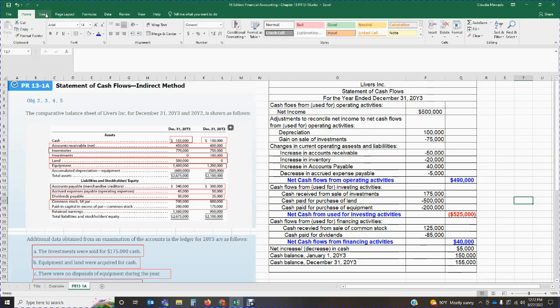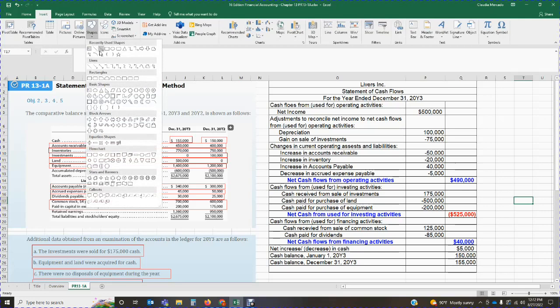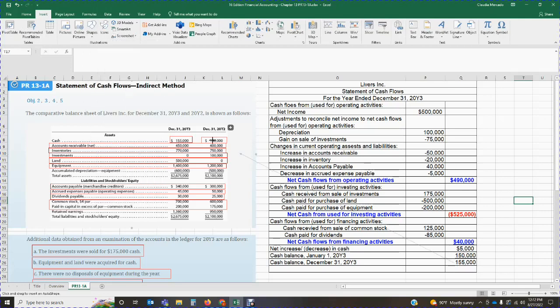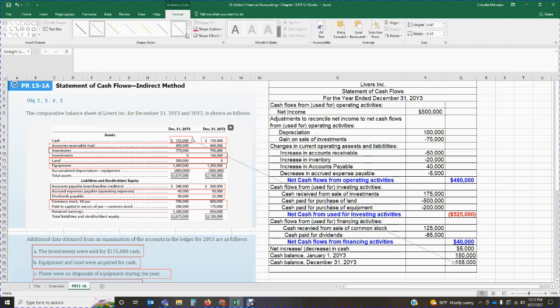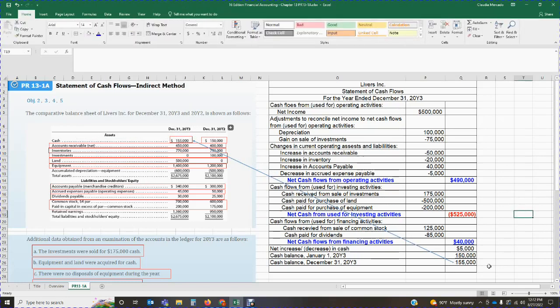If that number does not equal that number right there, then we've got a problem. The whole point is for us to be able to tell our investors. Investors always look at cash very carefully, and they see that cash went from 150 to 155, and they're going to ask why.